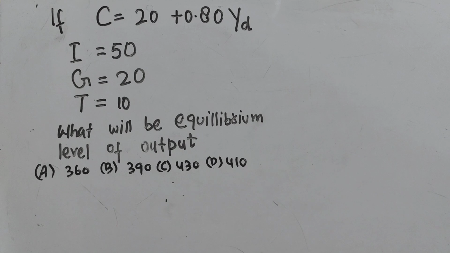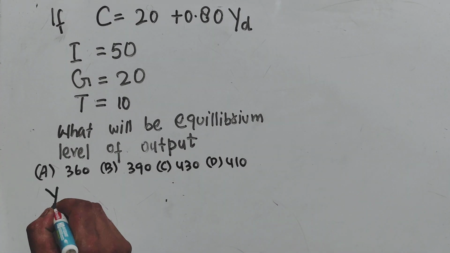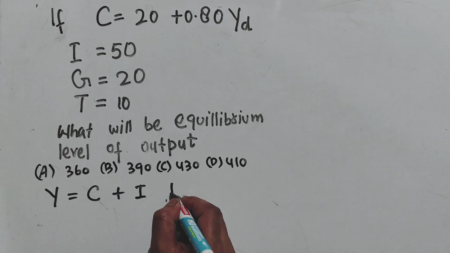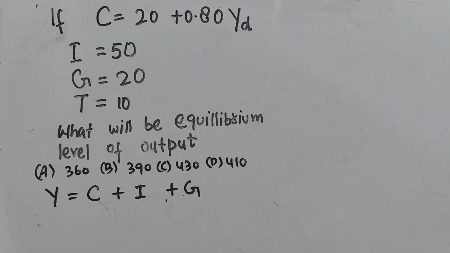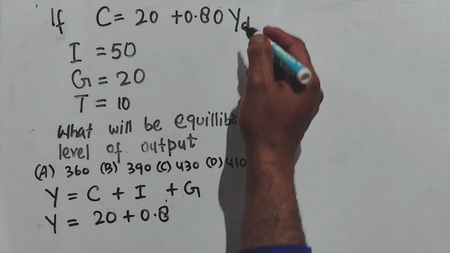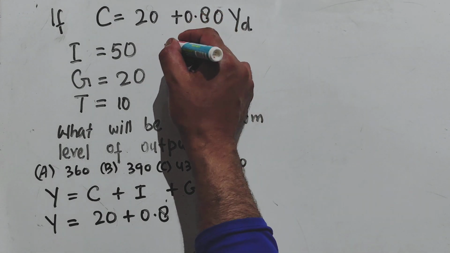Okay, so we know our total income should be equal to the consumption expenditure plus investment expenditure plus government spending. So we also know that the consumption function is being given to us as 20 plus 0.8 Yd. Now what is Yd? This is disposable income.